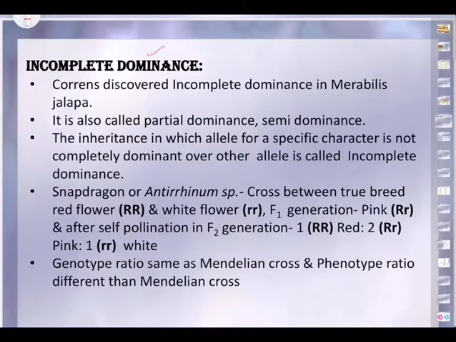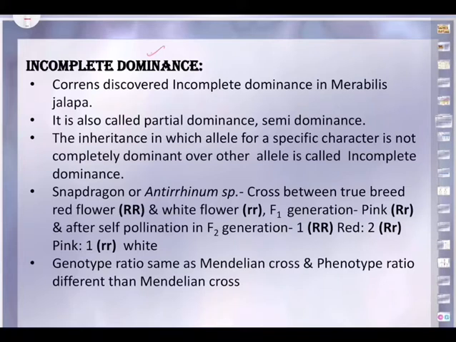On the other hand, in test cross, when F1 hybrids are crossed with a homozygous recessive parent, individuals with both phenotypes appear in equal proportion, like we discussed in our last session, 1:1 in case of purple flowers.